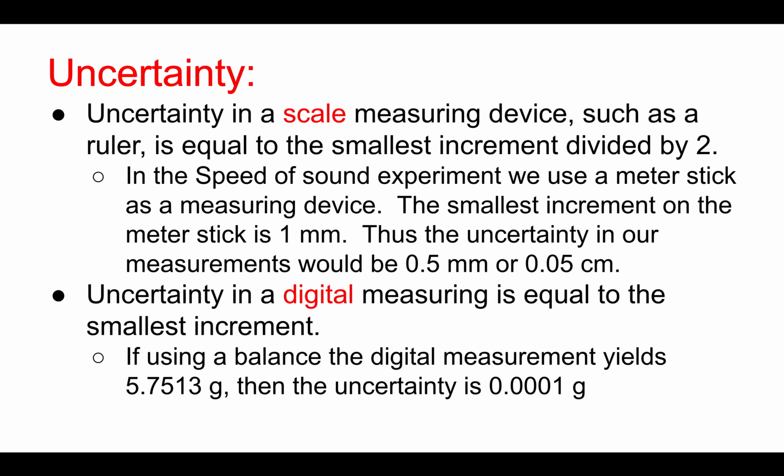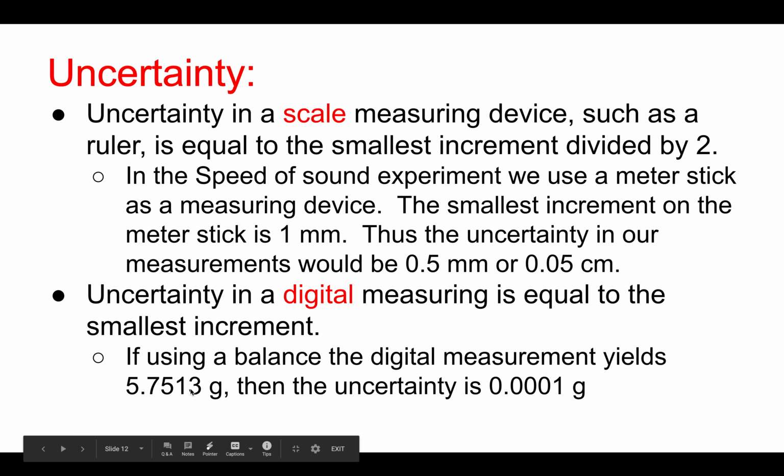Thus, the uncertainty in our measurement would be this number divided by 2, or 0.5 millimeters, or 0.05 centimeters. Uncertainty in a digital measuring device is equal to the smallest increment. So let's say we get 4 decimal places for our analytical balance. Then the uncertainty would be in the 4th decimal place, so 0.0001.